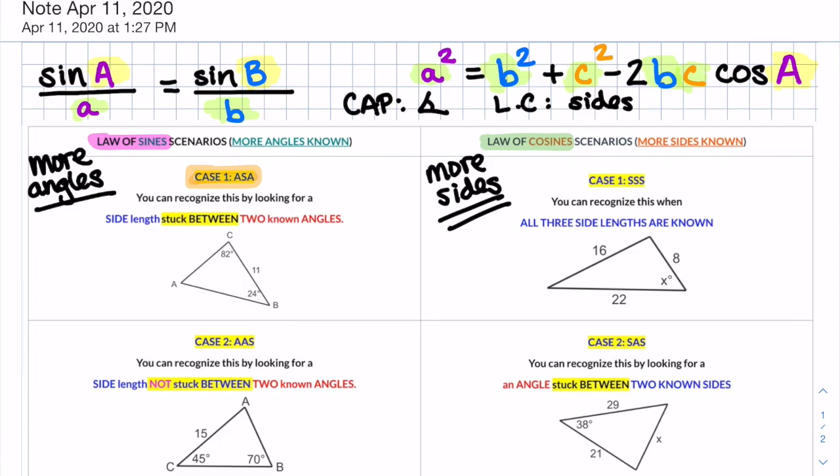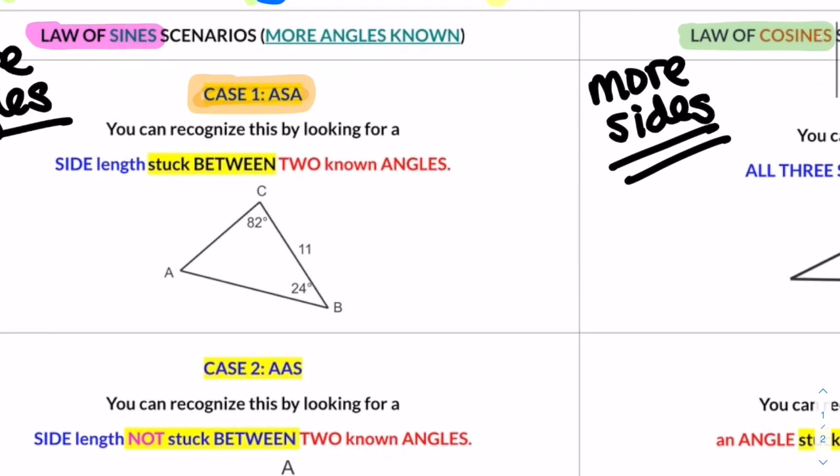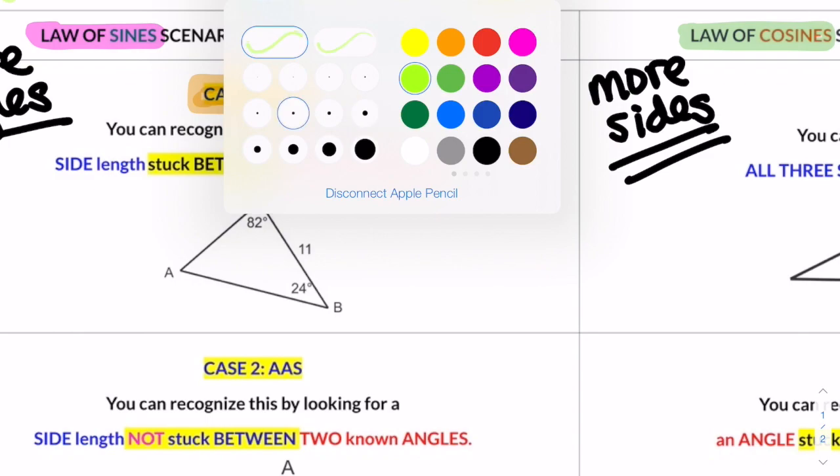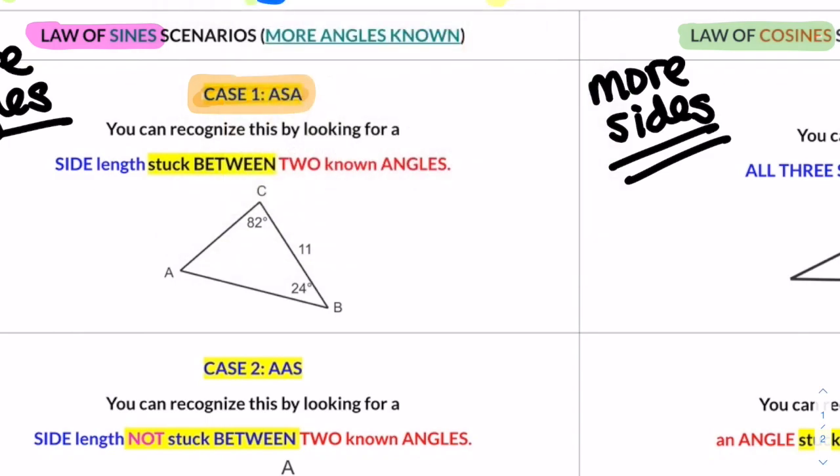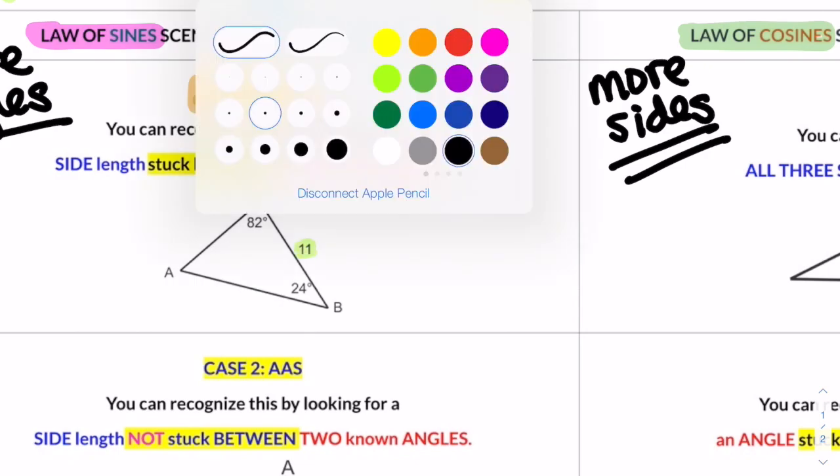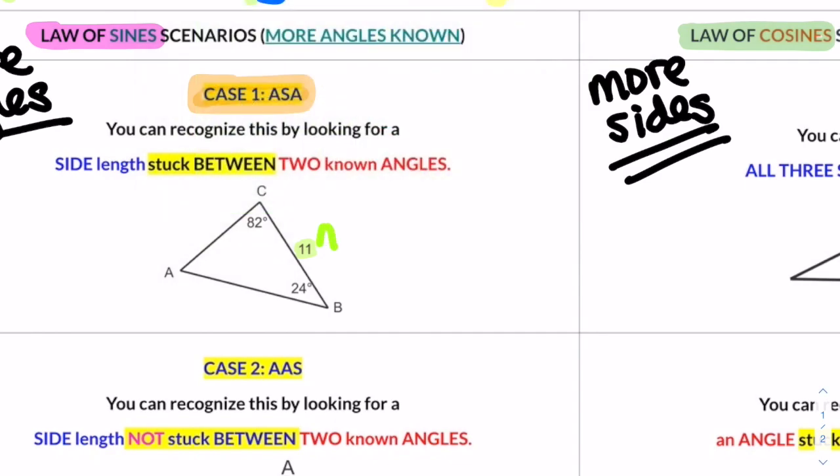Notice that up here, every time I had a capital letter, I highlighted it in yellow, and every time I had a lowercase letter, or a side, I highlighted it in green. So let's go to the picture. Let me blow it up real quick. In this triangle, I have one side, so I can call that a.